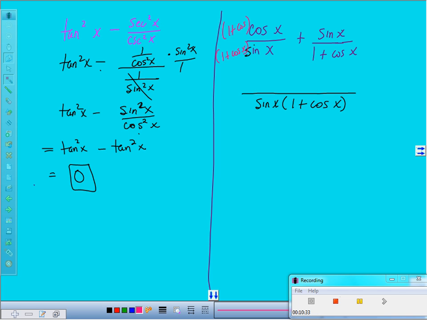Okay, on the top then, you will need to distribute cosine to both parts, which is going to give you cosine of x plus cosine squared of x. I distributed the cosine times each one. The bottom already has the common denominator. I don't have to do anything. Okay, the second fraction is missing what in the common denominator? And you're right, it's missing a sine.